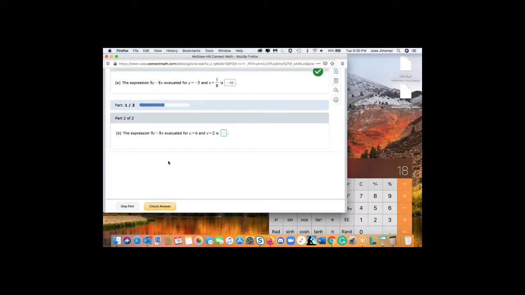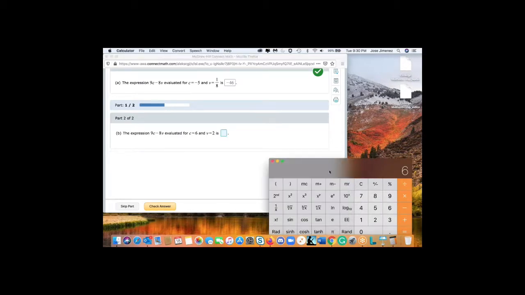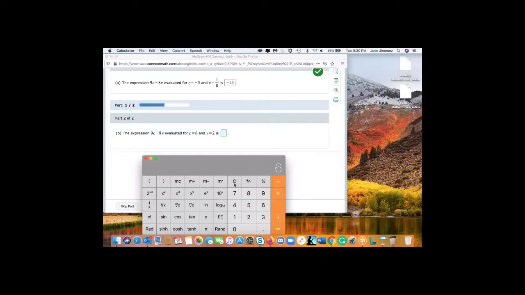Now the second one, similar, 9 times 6. 6 times 9, we can do it with the calculator. We say 9 times 6, I got 54. And then minus 8 times 2 is 10. Oh, no, I'm sorry. 8 times 2 is 16.